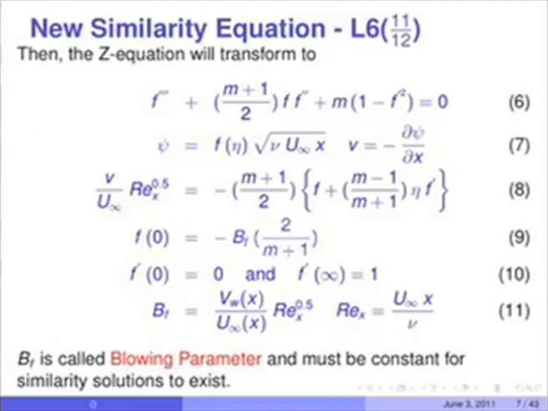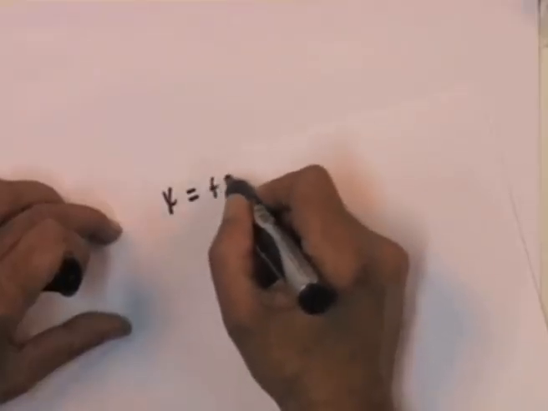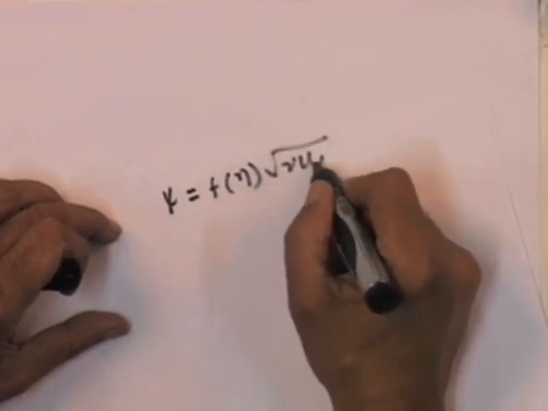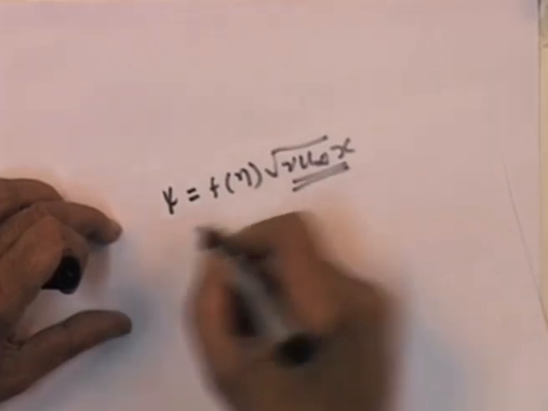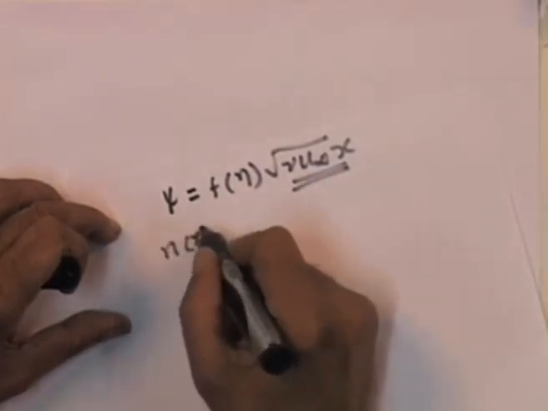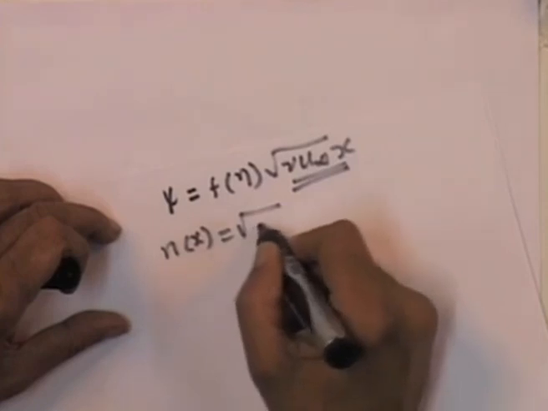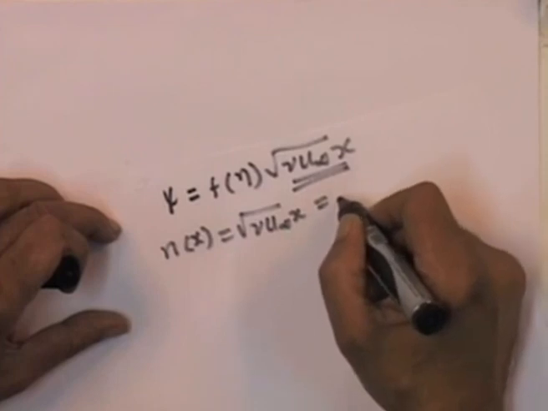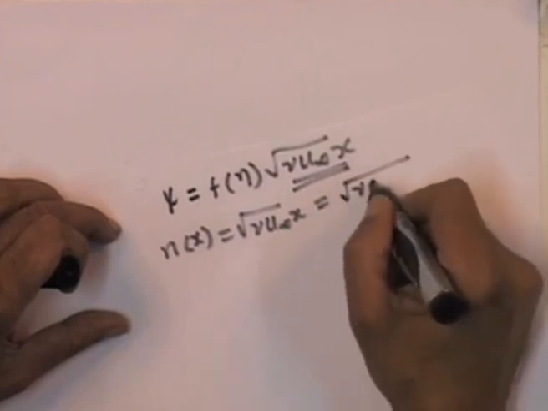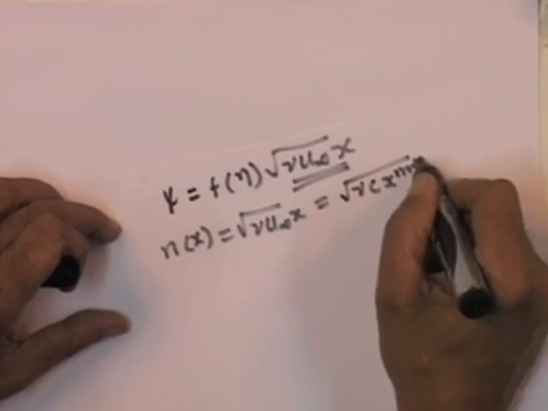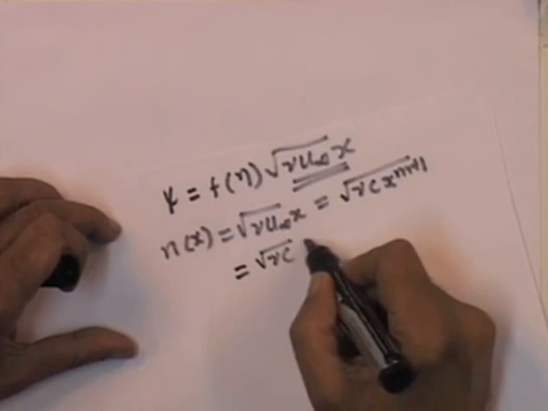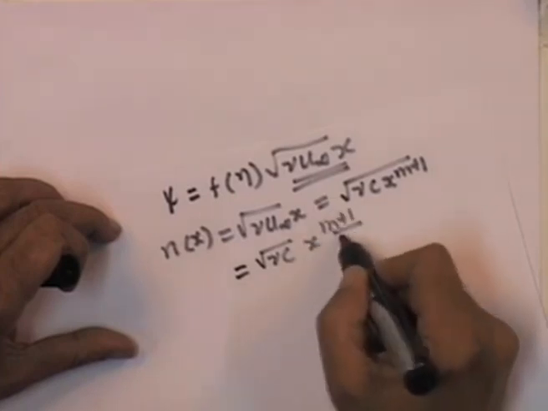If you differentiate this, you will see that n(x) is equal to under root nu u infinity x, but u infinity is c x raised to m. So, therefore, n is under root nu c x raised to m plus 1, or that will be equal to under root nu c x raised to m plus 1 by 2.